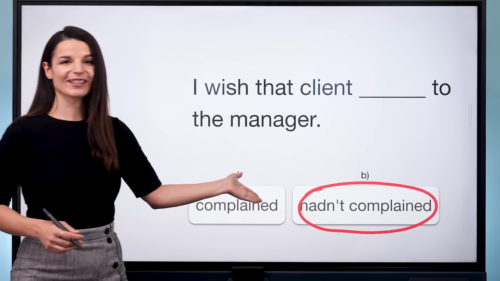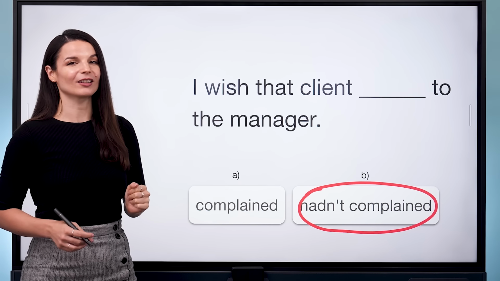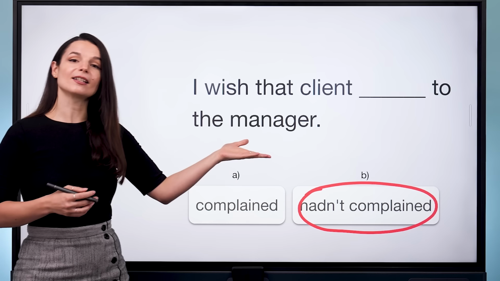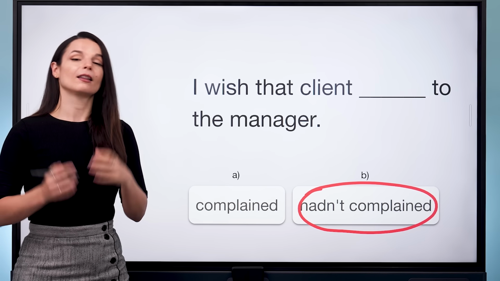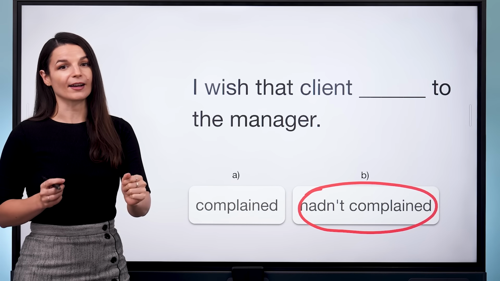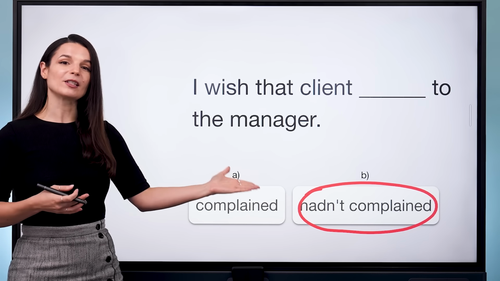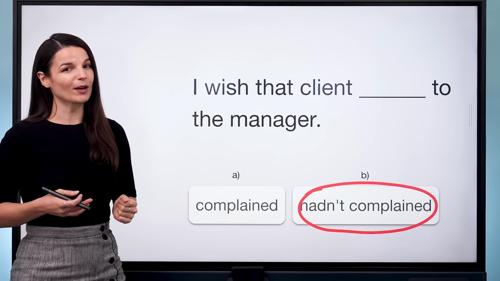I wish that client hadn't complained to the manager. In this sentence, the speaker is regretting the fact that the client complained. The complaint already happened in the past, and the speaker wishes it had not happened. That's why we use the past perfect, had not, hadn't, plus past participle, complained.